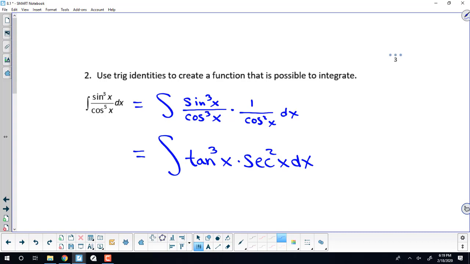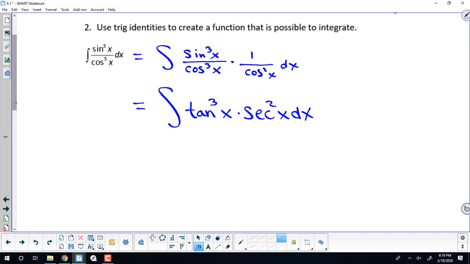We can use some substitutes with tangent. We call u equal to tangent. Yeah, exactly. So the derivative of tangent is secant squared. So we're looking at a u substitution. This function, its derivative is right here. So that's a u substitution.